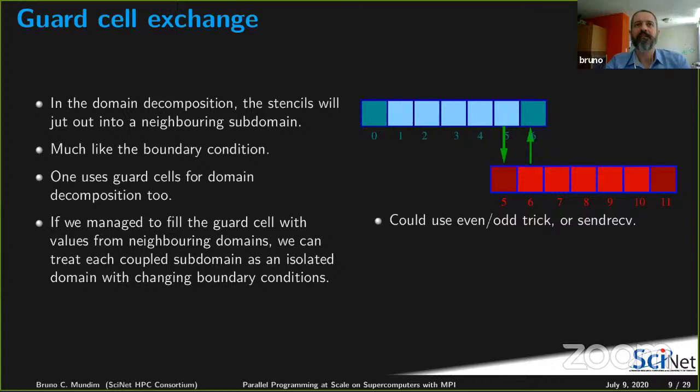We're going to talk about a way of overlapping communication and computation in a moment, but for this problem, the way we are doing it, it's not possible because the value of 5 will be in that finite difference computation and we'll need the value on 6. And if you have not updated that value yet, it's going to be a wrong result for 5.